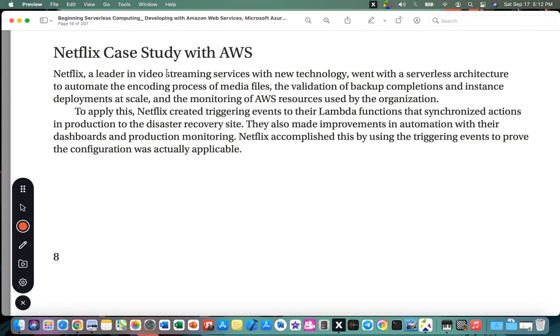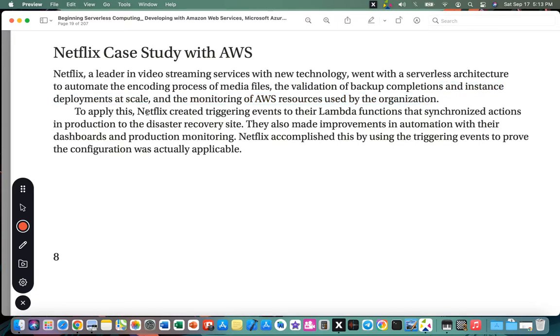Netflix case study with AWS. Netflix is also American, and Amazon Web Services is also American. Netflix, a leader in video streaming services, went with a serverless architecture to automate the encoding process of media files, the validation of backup completions and instance deployment at scale, and monitoring of AWS resources used by the organization.